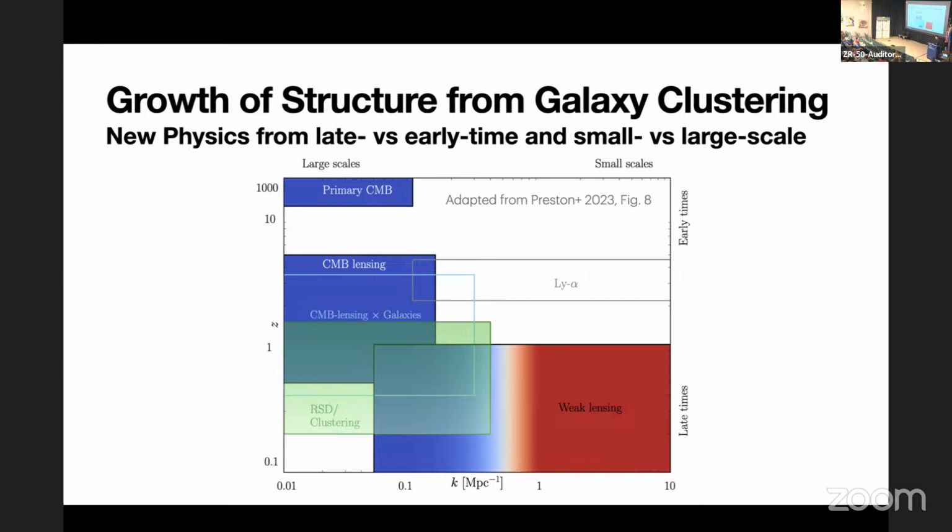If of physical origin, this is an indication of new physics, but we don't know for sure whether that is a difference between physics at late versus early times in the universe, or between small versus large scales. To me, galaxy clustering provides a perfect possibility to pinpoint the origin of this tension because it probes the late universe, but on large to quasi-linear scales.